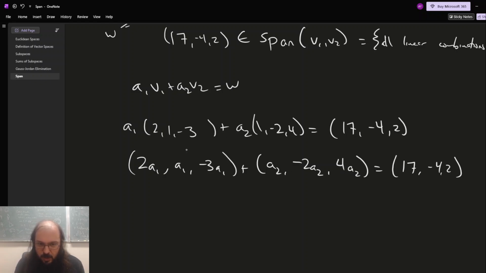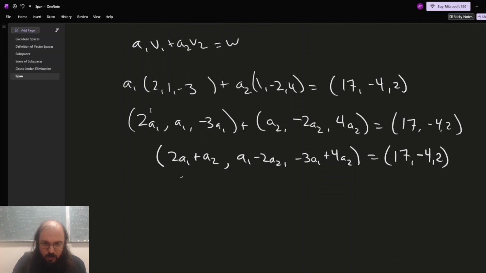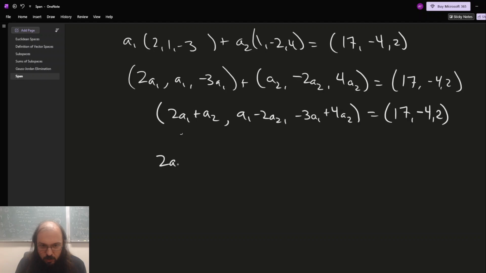And we know that if these are going to be equal, then after I combine these component-wise, (2a1 + a2, a1 - 2a2, -3a1 + 4a2), this is actually just a system of equations. In other words, I have to have the following equations satisfied simultaneously: 2a1 plus a2 equals 17, a1 minus 2a2 equals minus 4, minus 3a1 plus 4a2 equals 2.